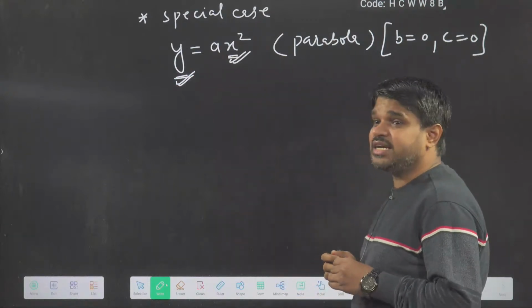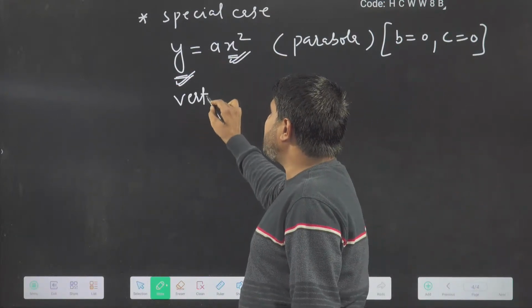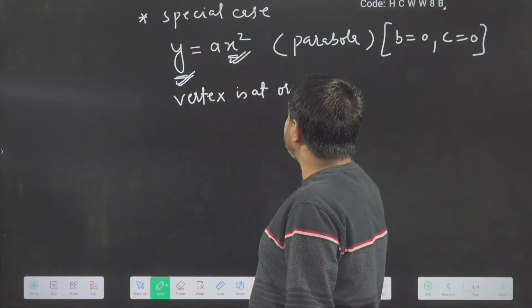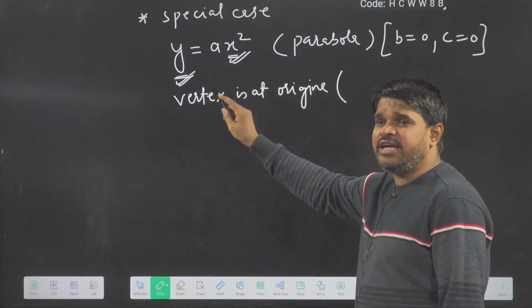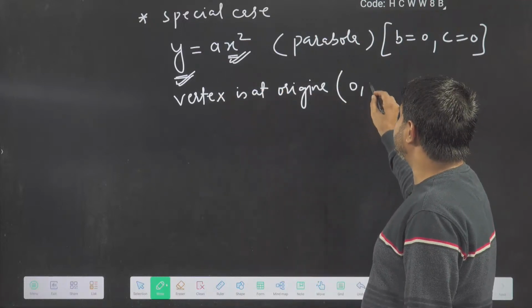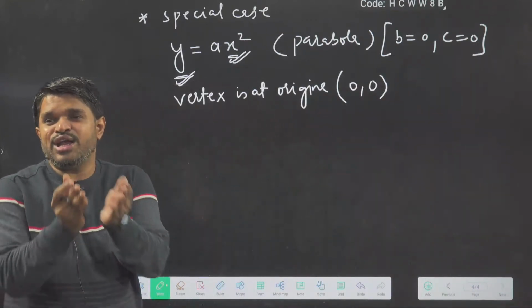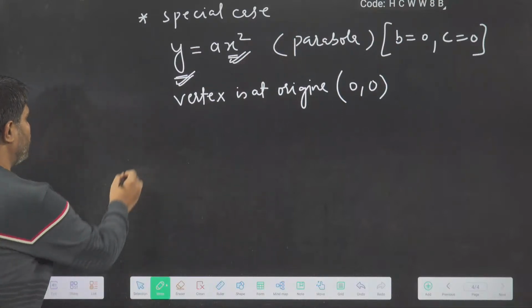Now let's understand. For such a parabola, y equals ax squared, the vertex is at origin, meaning (0, 0). Now you know the shape of a parabola, so I am going to draw it for you.